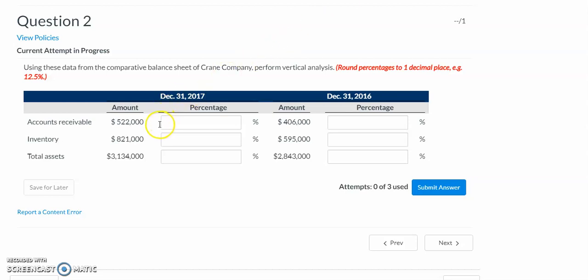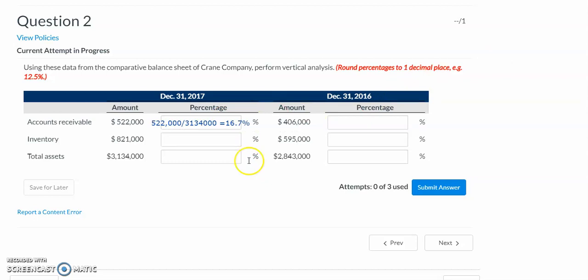So for example, for your accounts receivable, you would take $522,000 and divide that by your total assets. And you're going to see that this is going to be 16.7%. And the same thing with inventory. And then your total assets, you're just going to divide it by itself for demonstration purposes for this problem.